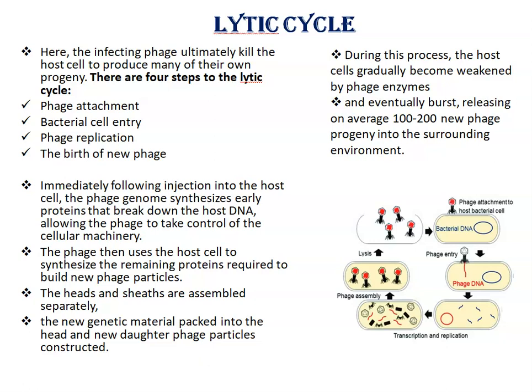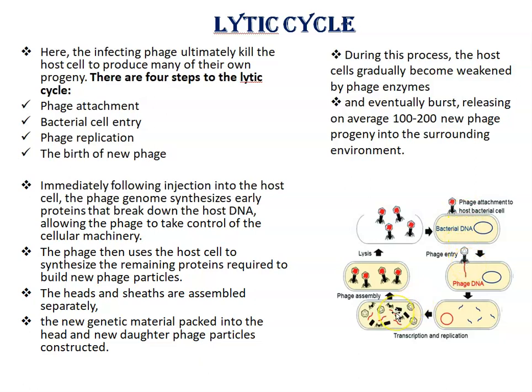Now first, what is the lytic cycle? Here, the infecting phage ultimately kills the host cell to produce its own progeny. So there are four steps of the lytic cycle. First is phage attachment. Second is bacterial cell entry.